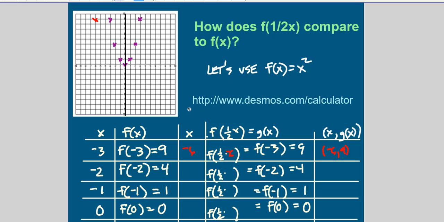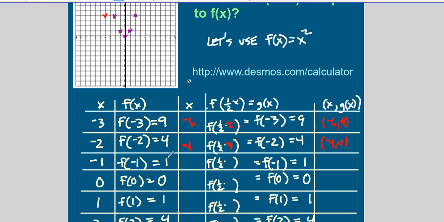Alright, so let's continue. So this is going to be -2 squared is 4. But to get -2, and I have a half here, I just use -4. So now the new point will be -4, 4. So we're out here. Okay, then -1 quantity squared is 1.